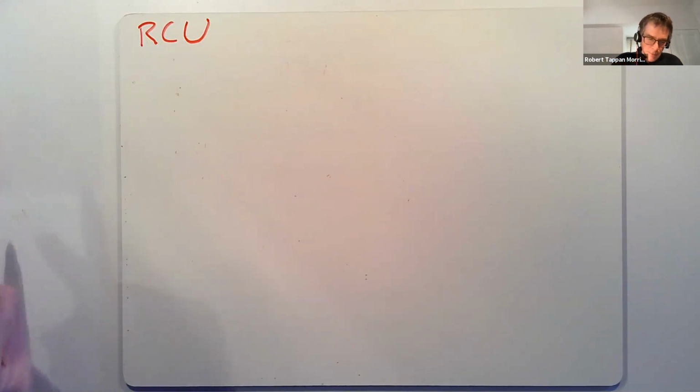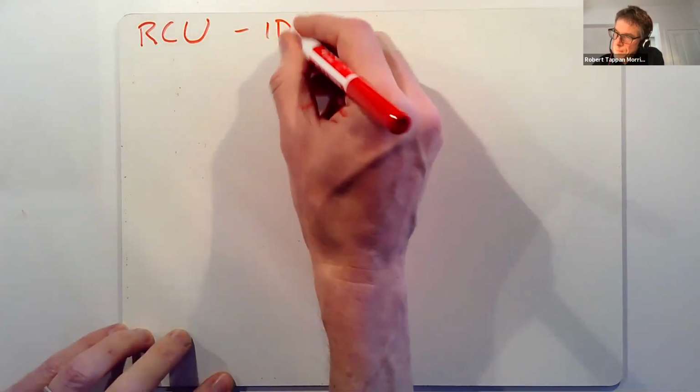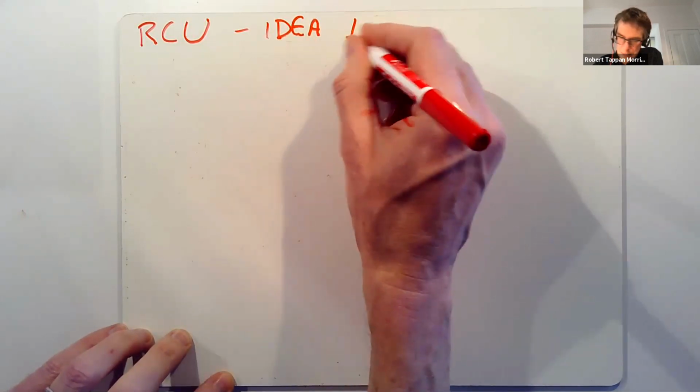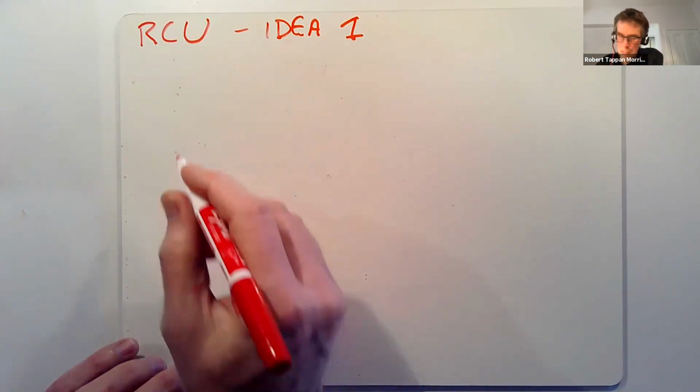Okay, so the first big idea in RCU is that in the first trouble situation we talked about before, where the writer is updating the content of a list element, we're going to actually outlaw that. We're going to say writers are not allowed to modify the contents of list elements.